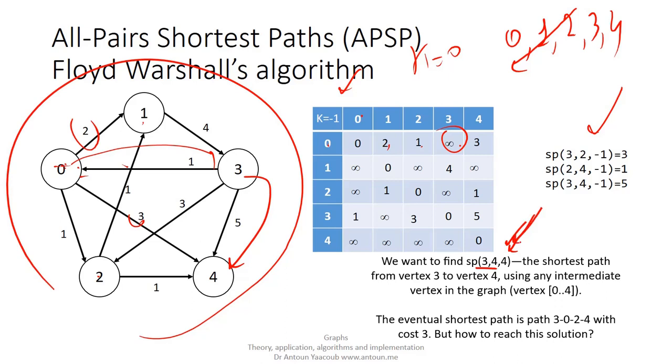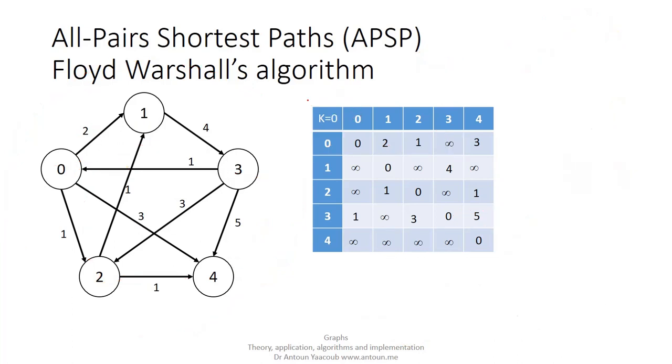So they are telling here that the eventual shortest path is 3, 0, 2, and 4. But if you can see well, at the beginning 3, 4 is equal to 5. However, we have a shortest path of 3. How can we do that? Via Floyd Warshall. We'll be doing that by adding at each time one vertex and recalculating this graph.